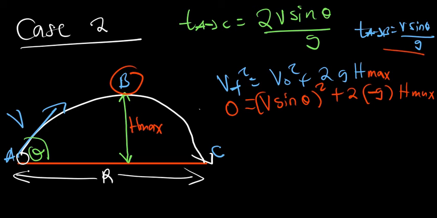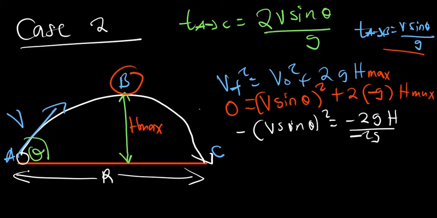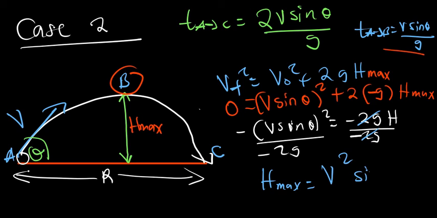So what I'm going to do now is shift this to the other side, meaning I've got negative v sine theta squared is equal to negative 2g h max. Divide both sides by negative 2g. So these two will cancel out. I'll remain with h max equal to, the negative will cancel, v squared sine squared theta divided by 2g.